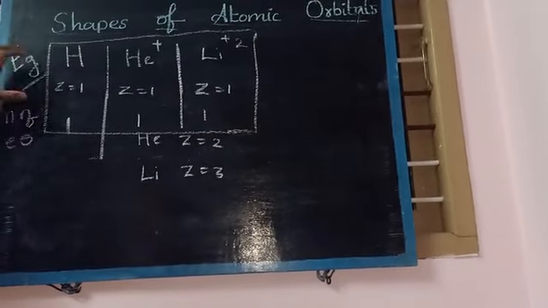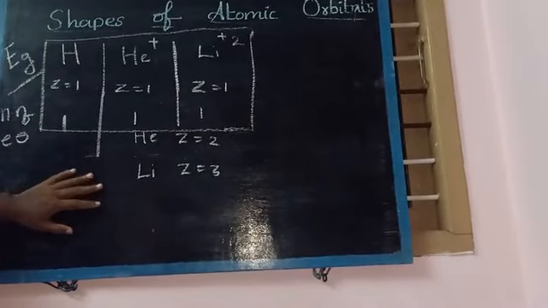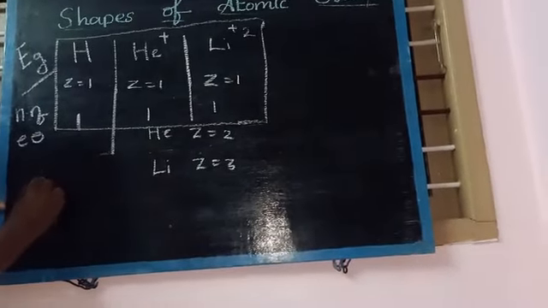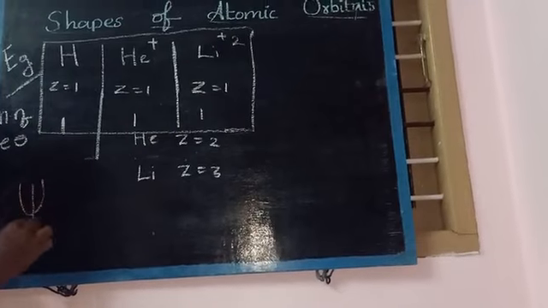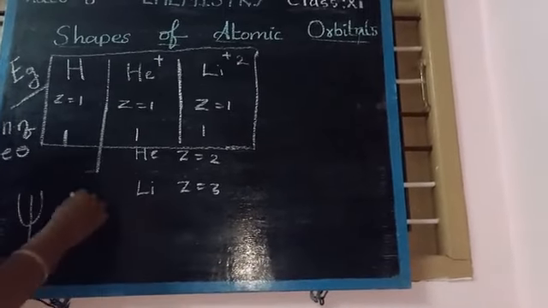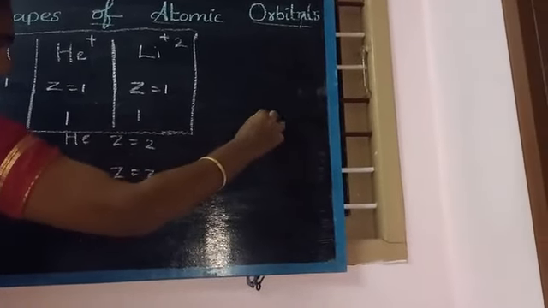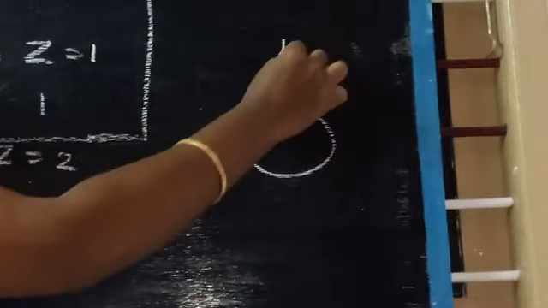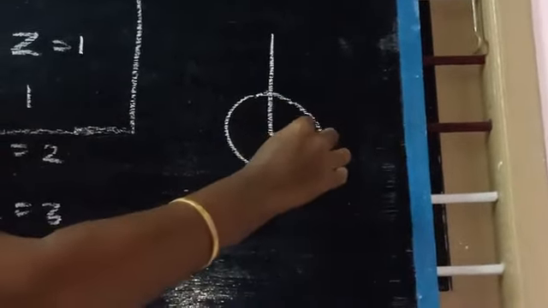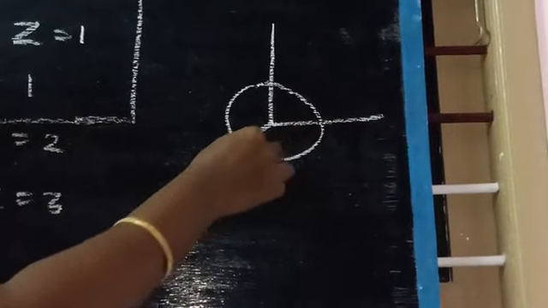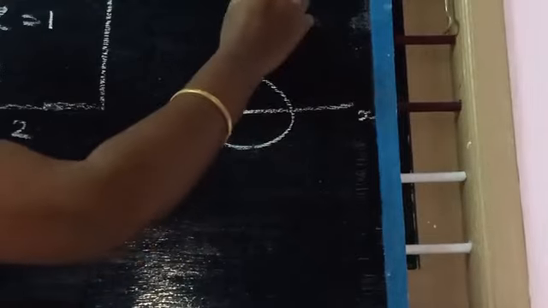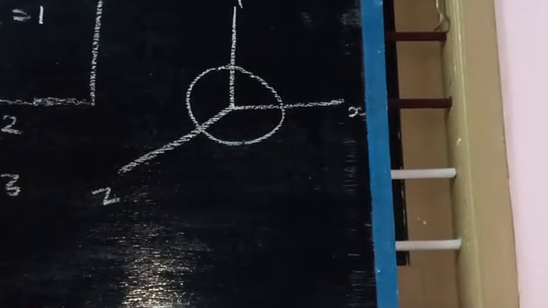Now for these one electron species, to find the wave function, the wave function symbol is psi. It is expressed in spherical coordinates, so it is a 3-dimensional atomic orbital, expressed in 3-dimensional space with x-axis, y-axis and z-axis.